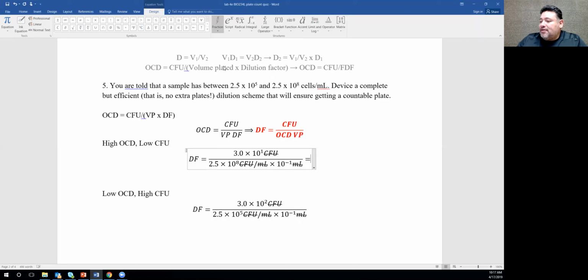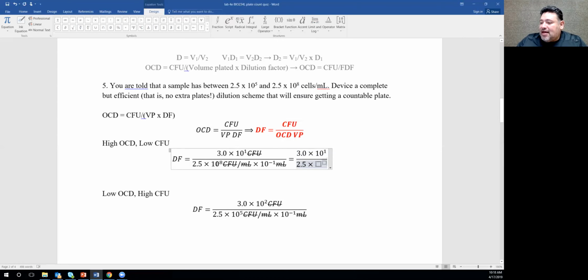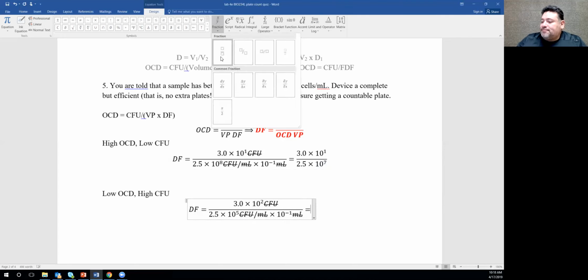Okay? All right, over here, there's going to be a quotient again. The top remains the same. And the denominator is going to be 2.5 times 10 to the what? Well, that's to the 8th, and that's to the negative first. If the bases are the same, we add the exponents. So 8 minus 1 is 7. So it's going to be a 10 to the 7th. And then over here, we're going to do the same quotient.